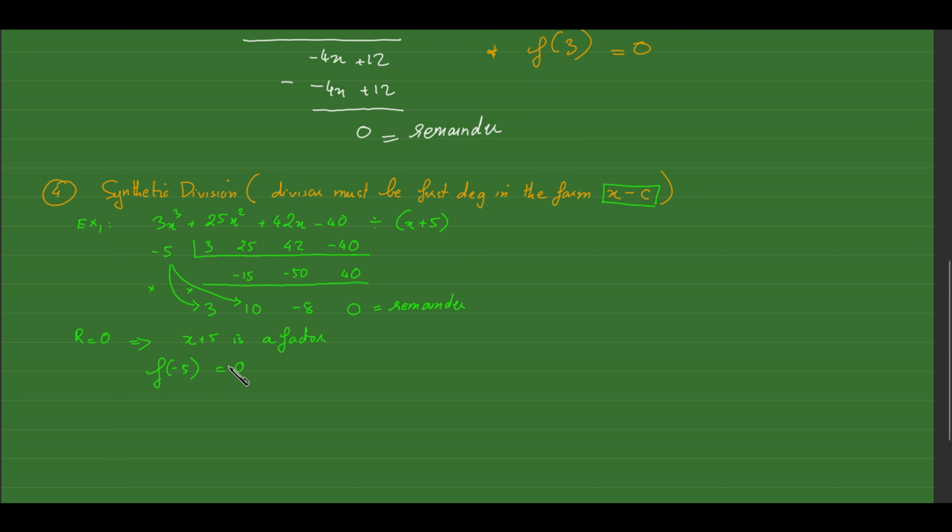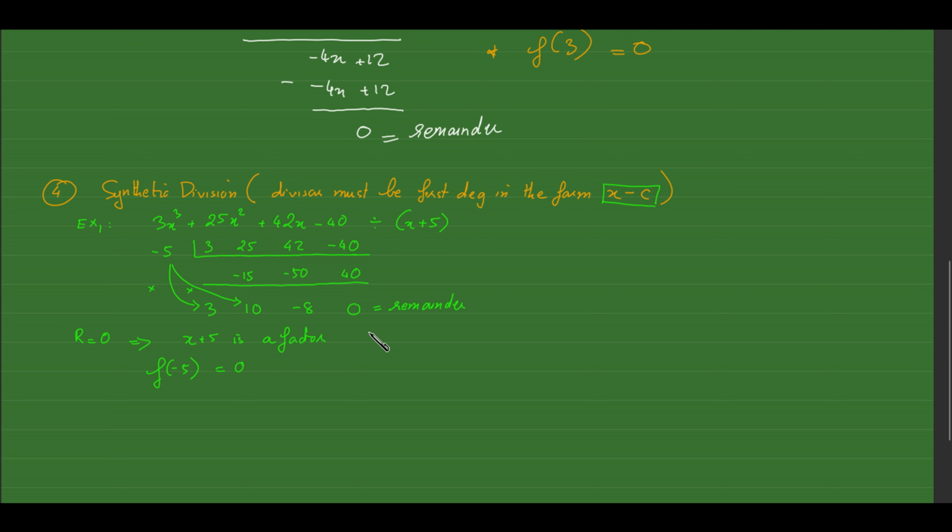There you go. So that is how you use synthetic division to determine whether a polynomial is a factor of the dividend polynomial. That's how you do it.